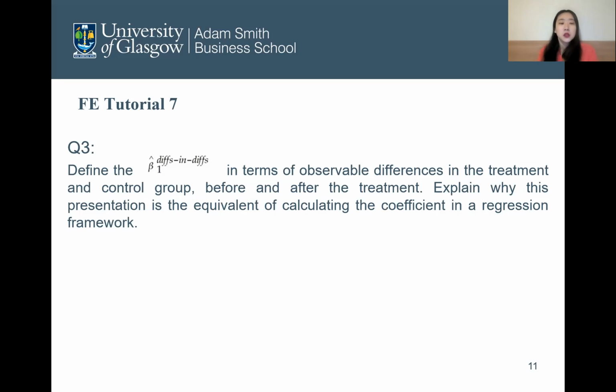Define beta as the difference in terms of observable differences in the treatment and the control group before and after the treatment. Explain why this representation is equivalent to calculating the coefficients in the regression framework.